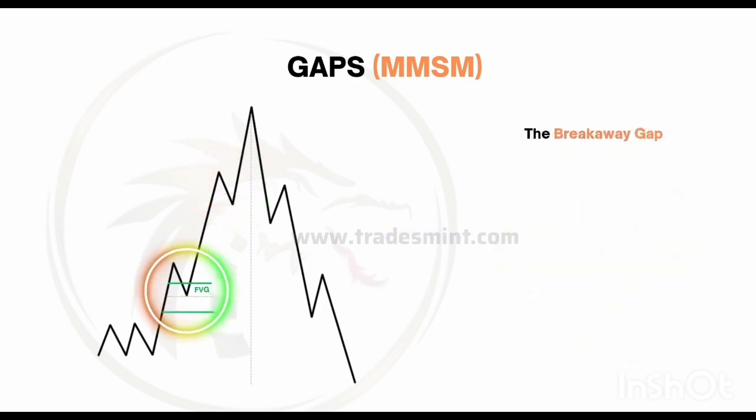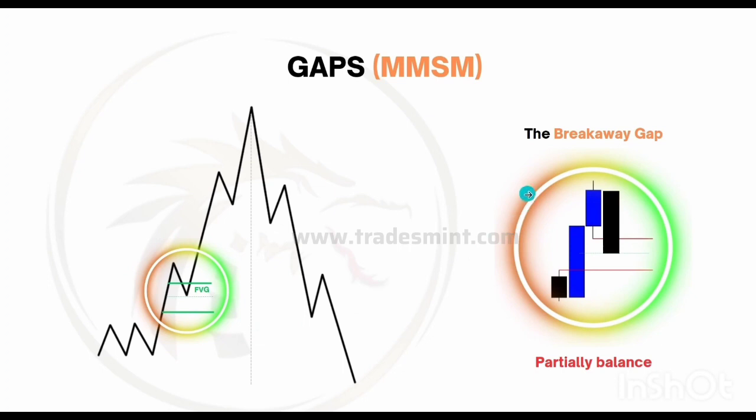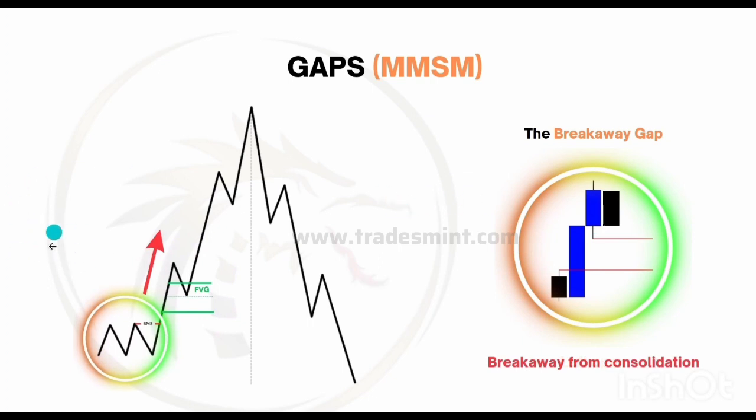Another type of gap that we see in price action is known as the breakaway gap. Now, generally, we will see a breakaway gap either partially rebalance or left completely open. And we will generally see this when price is in a hurry to move away from a price range. So in this case, we have the consolidation, and price fails to return to the consolidation, leaving this fair value gap partially open.